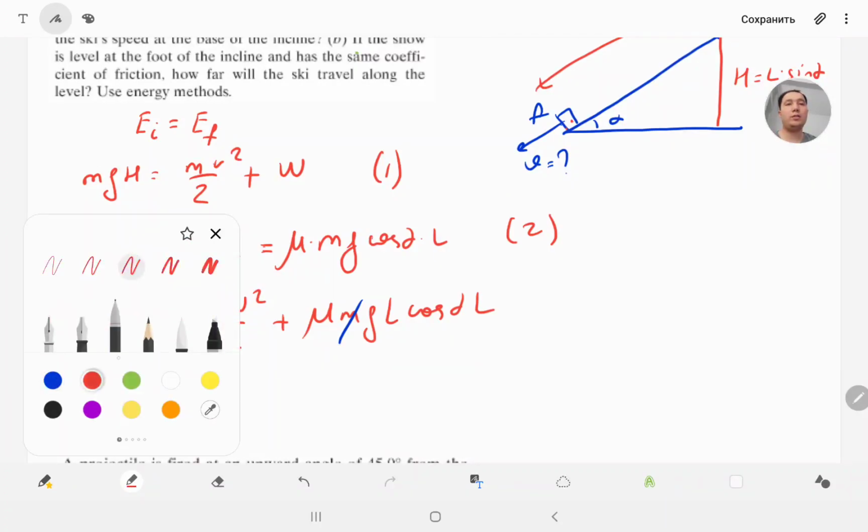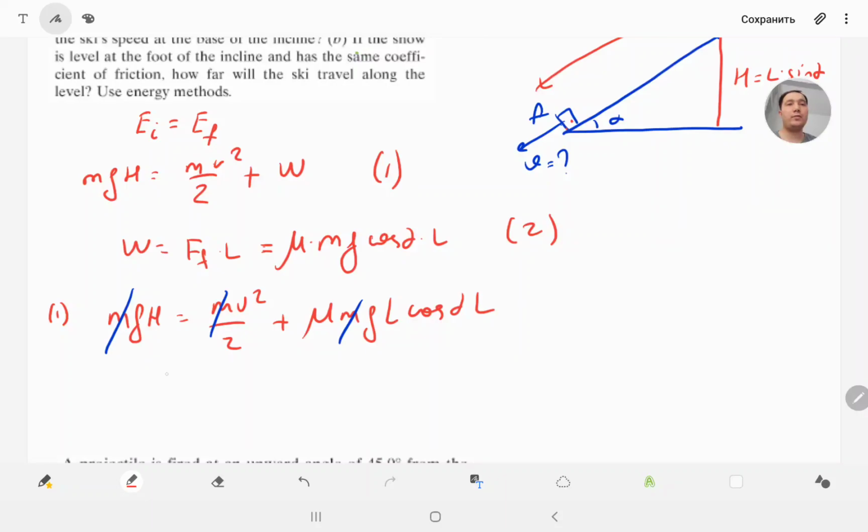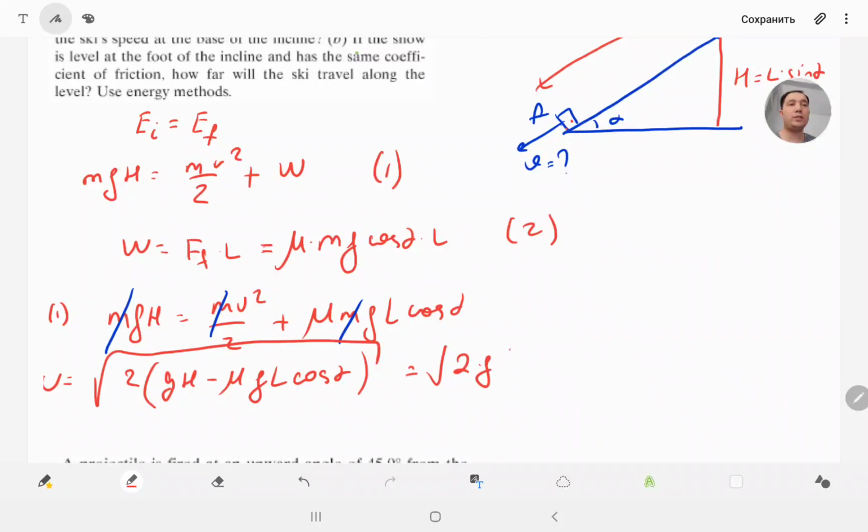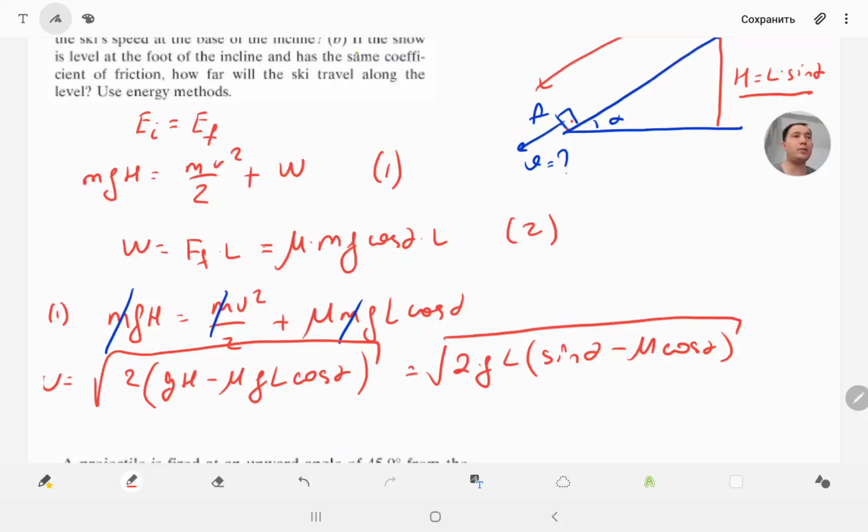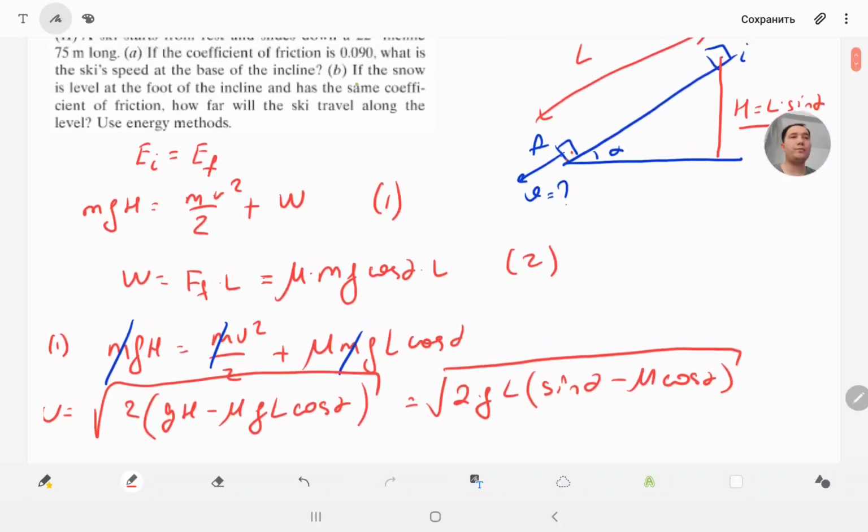So as you see, the velocity is the square root of 2 times gravity times L, times sine alpha minus mu cosine alpha. I just replaced h by L times sine alpha. So from here you can find the velocity.